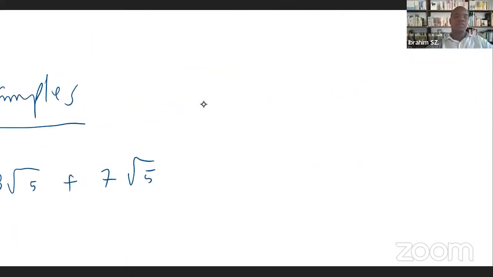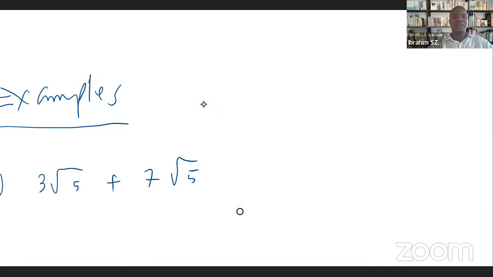So maybe let us see some few examples in which we can see the basic operations. For example, here we have 3 root 5 plus 7 root 5.